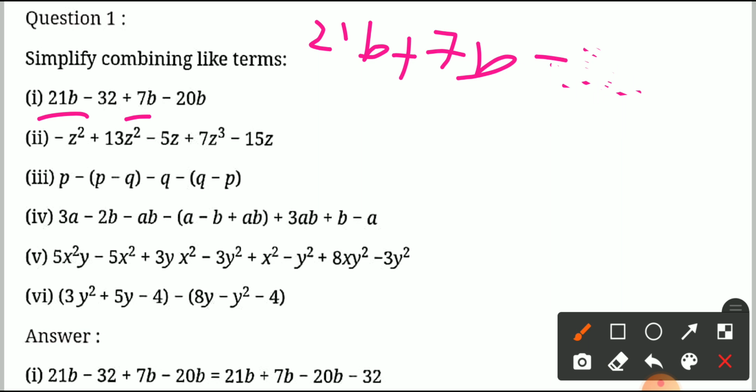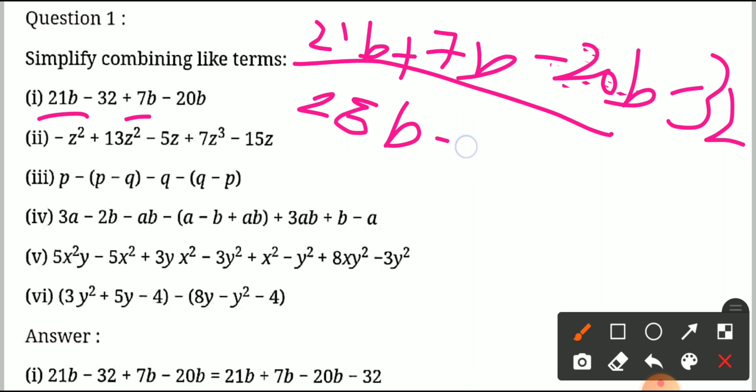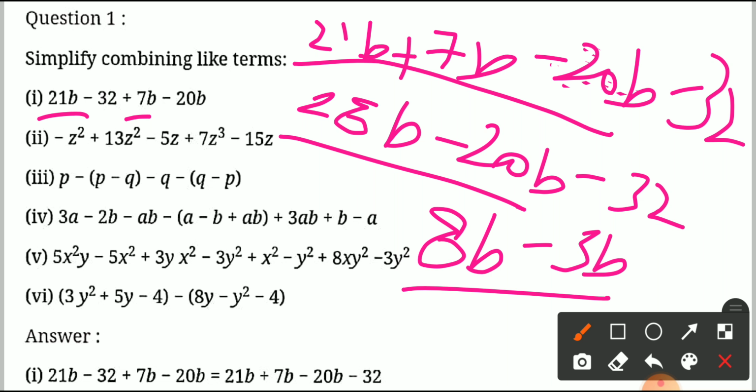So minus 20b will also be written here along with b. So they all three are like. Now in last minus 32. So 21 plus 7 equals 28, minus 20b minus 32. So 28 minus 20 equals 8b minus 32. That's solved. This is the final answer.